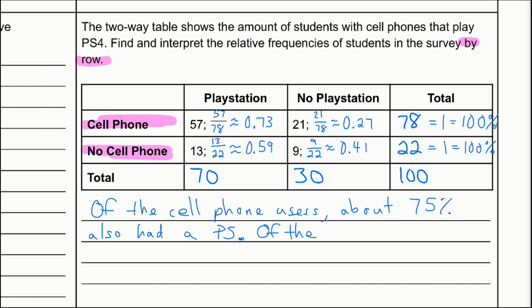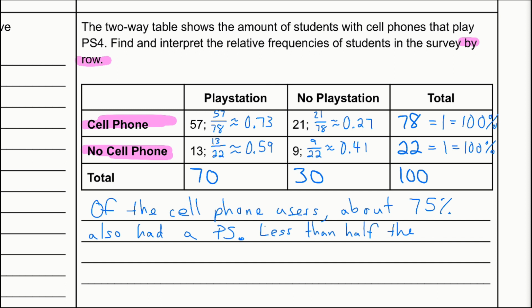Of the, how about this? I would say, this is going to be a weird one, but that's all right. I would say less than half the cell phone, or I'm just going to say just the whole thing.